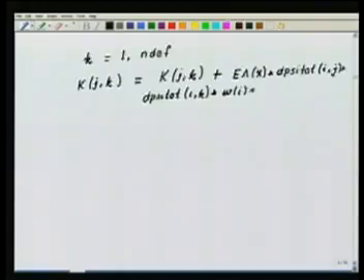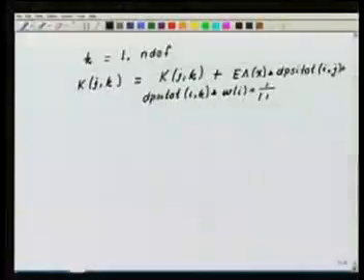Now remember, this was multiplied by 2 by hk, so that will be 1 by the Jacobian. This is the part due to the material as such.